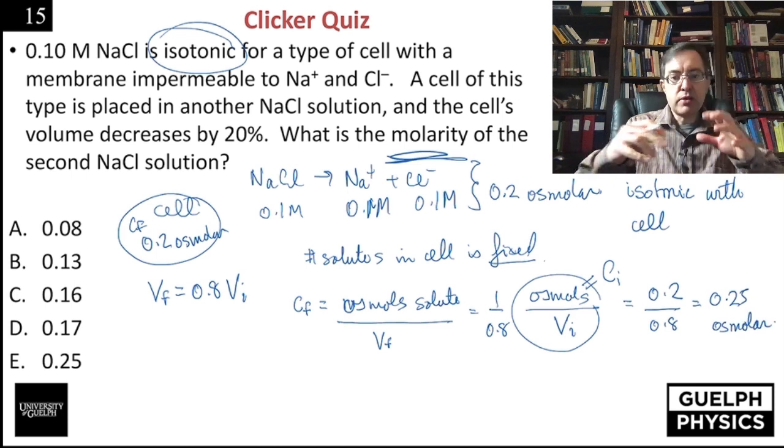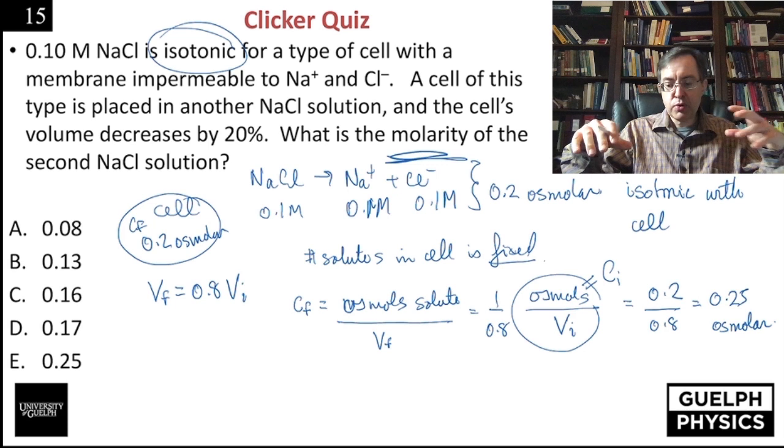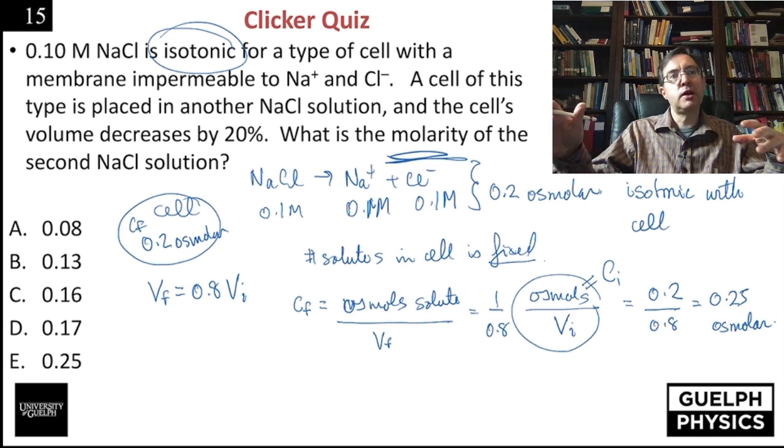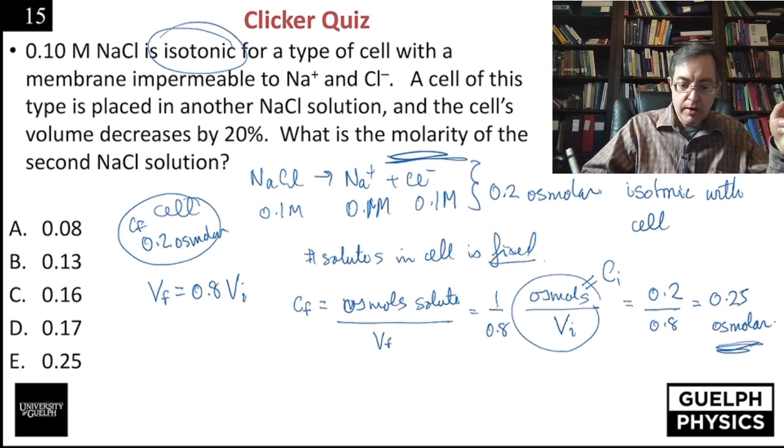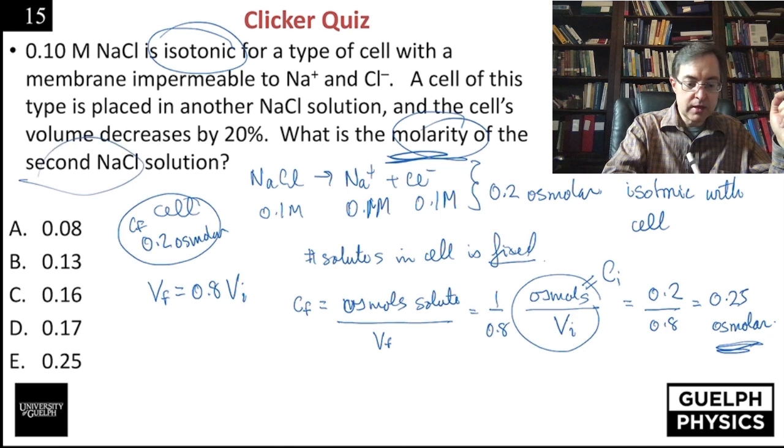Okay, so the final concentration then is 0.25 osmolar, and that would be isotonic with a 0.25 osmolar sodium chloride solution. But that is the osmolarity, not the molarity of the second solution.